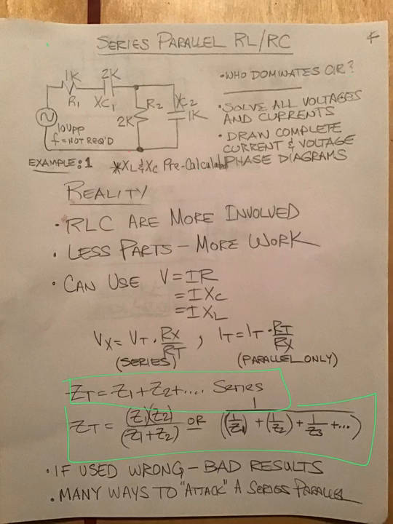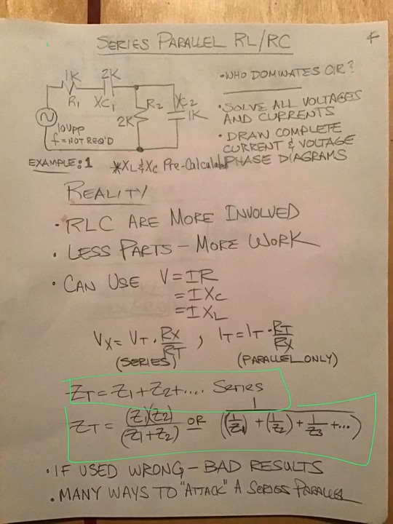That's the beauty of converting everything to impedance and using nothing but the formulas pretty much on this page. If you use them right, great things happen. If you use them wrong, bad results, of course, will follow you around.